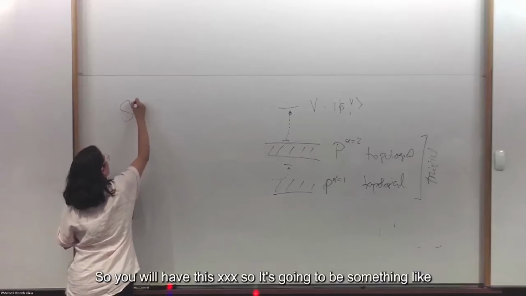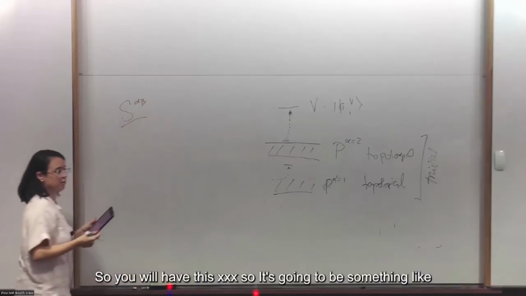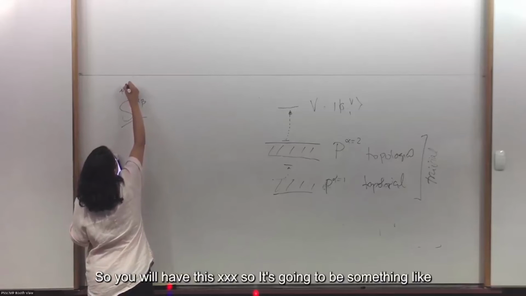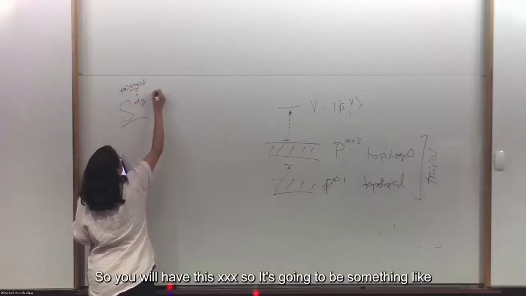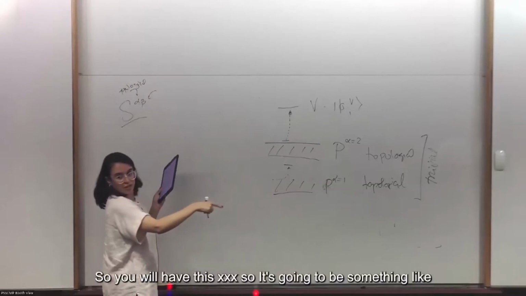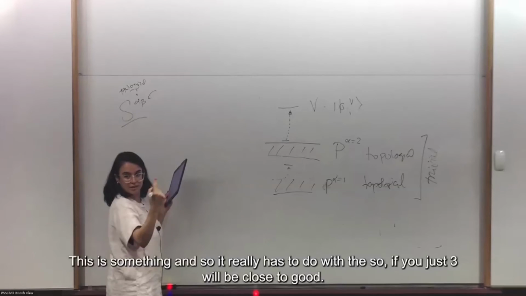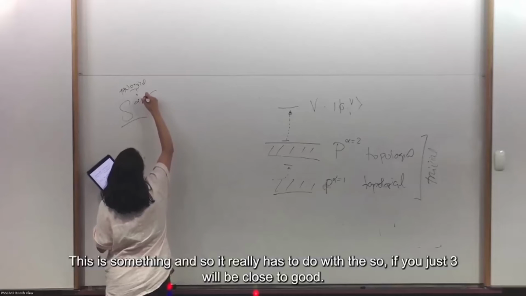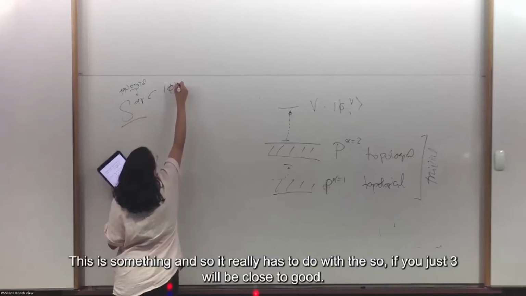It goes to the structure of the overlap between the topological band and the trivial band generated by the impurity. So let me call it V. This is basically this.